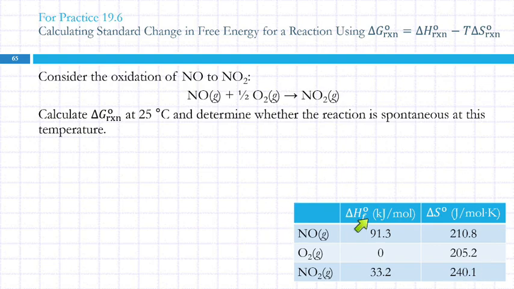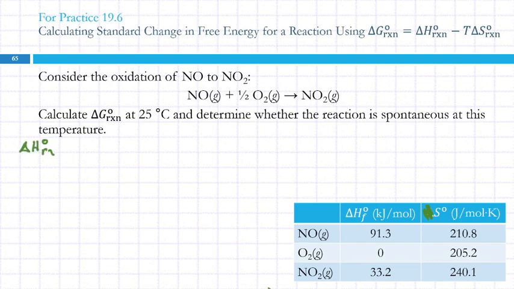Here we've got our heats of formation and we've got our entropies, which I think should just be S, that's not delta S. So we need delta H, so let's calculate that first.